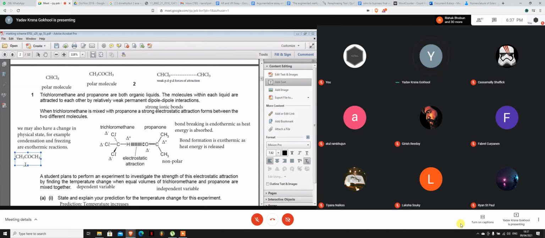Now, what is happening? We are mixing trichloromethane with propanone.